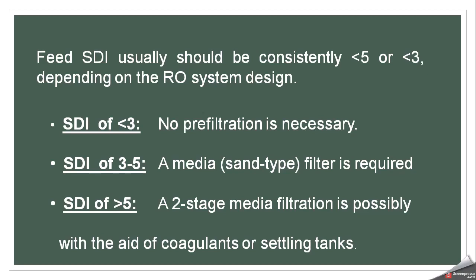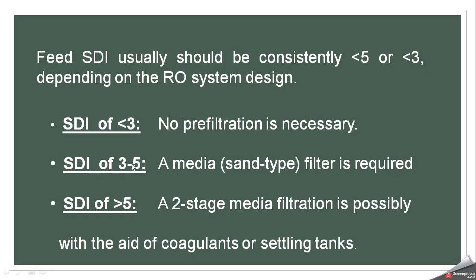So normally if the SDI of the feed water is less than 3, no pre-filtration is necessary. We can run without any pre-filtration and just put a cartridge filter before the entrance of the reverse osmosis membrane. No carbon, sand or multimedia filters are required. No UF or MF are required.